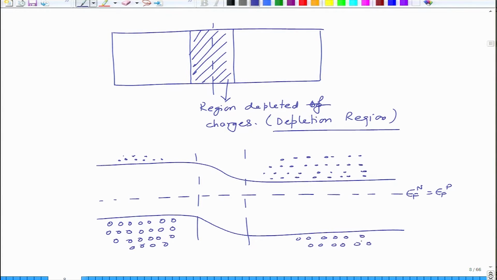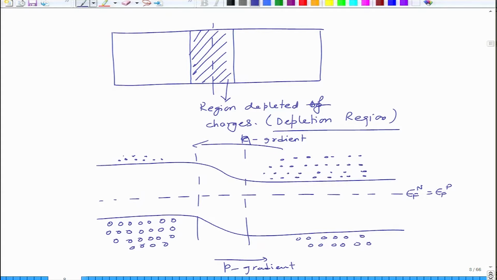So obviously you have a concentration gradient, this is the N gradient, this is the P gradient. So you have a driving force for diffusion to occur.